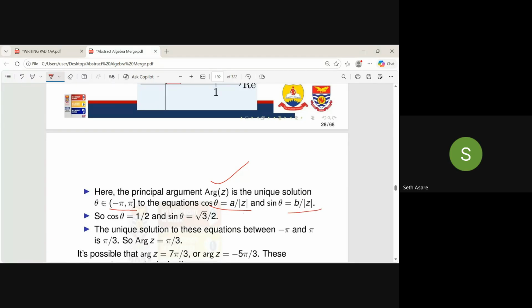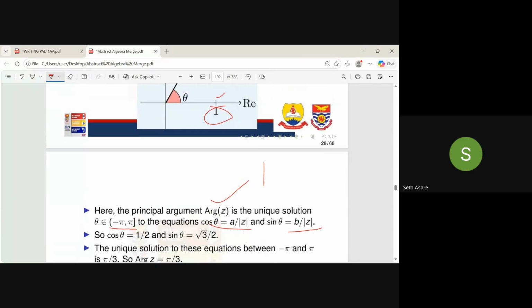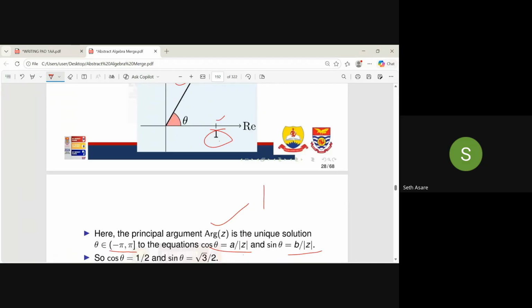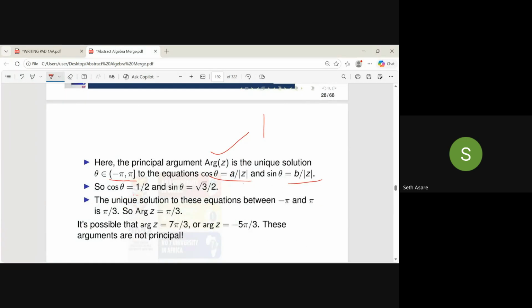Now let's fix the values inside. We need a over the modulus. A is 1, the modulus is 2, so cos theta will be equal to 1 over 2. And also sin theta will be b over the modulus.